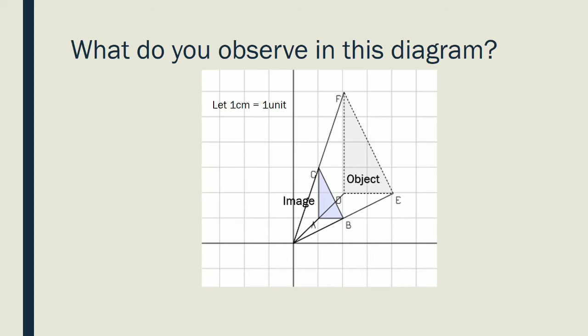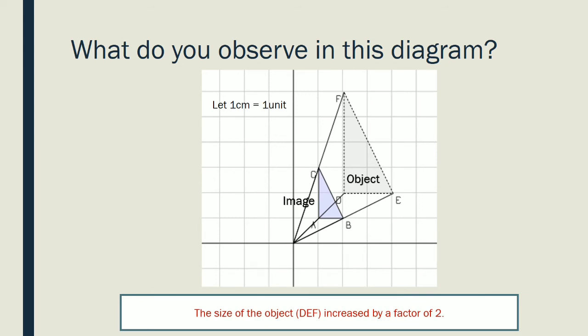AB and DE are corresponding sides, while AC and DF are corresponding sides. If we look at the lengths of these corresponding sides, we can see that the lengths of the sides in the larger triangle are actually 2 times the length of their corresponding sides from the smaller triangle. Therefore, the size of triangle ABC increased by 2 to form triangle DEF.